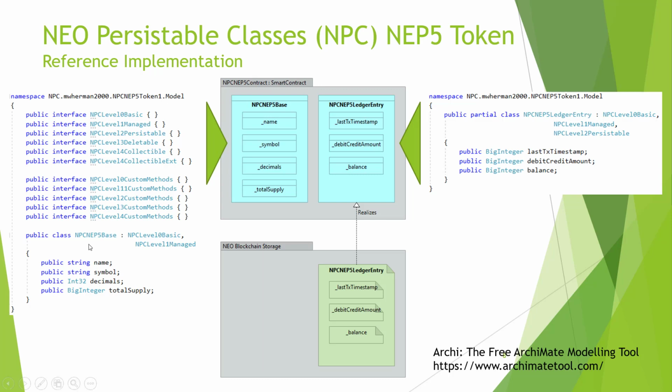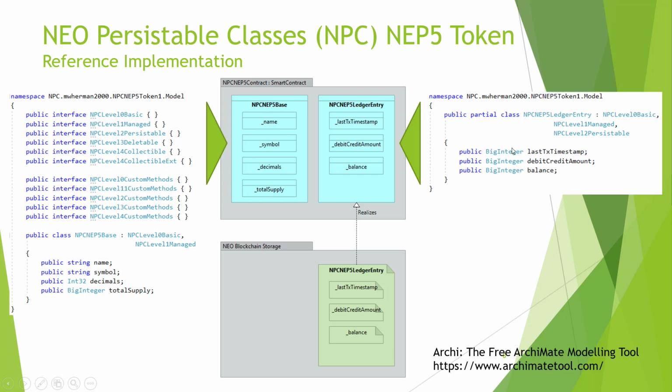On the left here, again, that's the model class that we used to define the NEP5Base, and that allowed us to realize the NEP5 base object, the token base object in our smart contract with the name, symbol, decimals, and total supply. Those are constants, so we just used level 0 and level 1 managed entities for that.